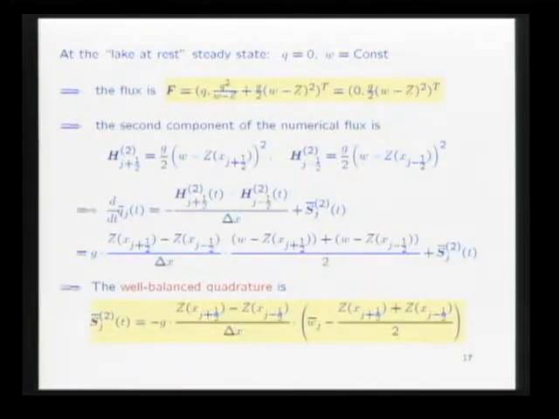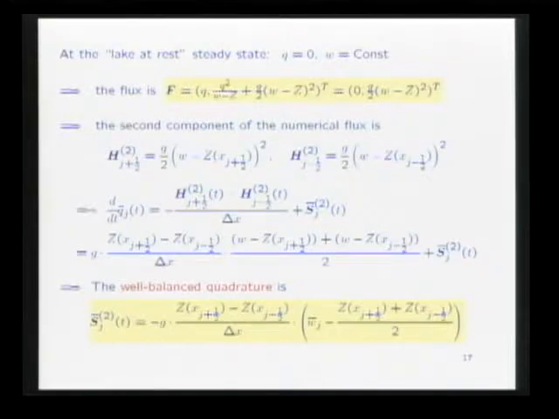In the framework of the Central-Upwind scheme, we do it the following way. We say here's the steady state. This is the flux. We take the steady state data and plug it not into the flux, but into the numerical flux. And it happens that the Central-Upwind numerical flux will be identically equal to the physical flux.